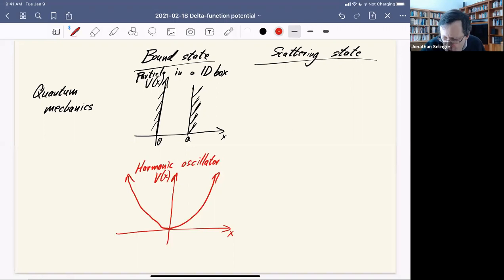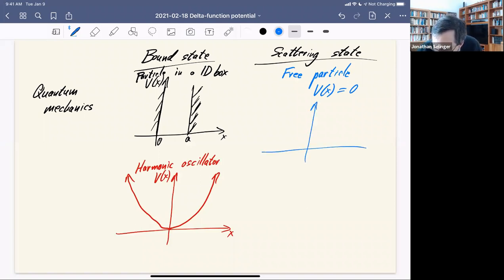For the third example, we did the free particle, okay? And so the free particle has a potential energy which is just always 0. V of X equals 0 everywhere. So the plot of V of X versus X is a very boring plot.